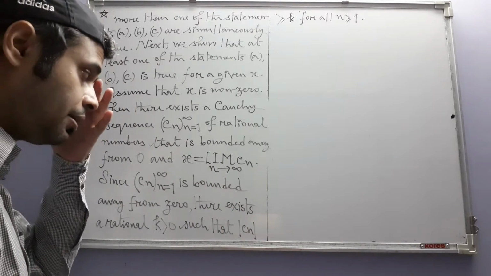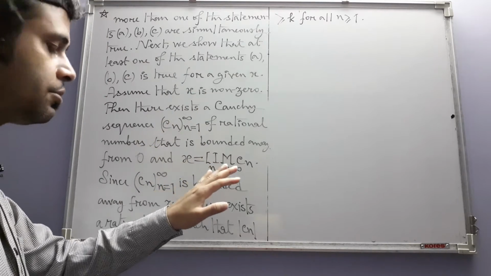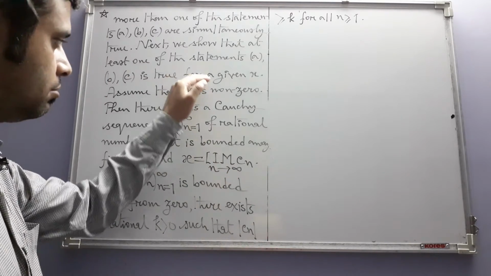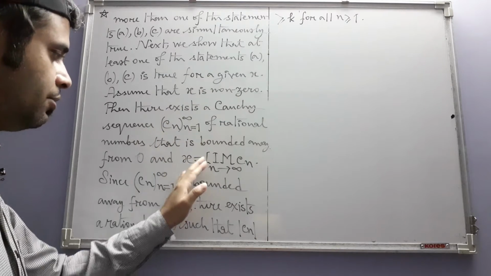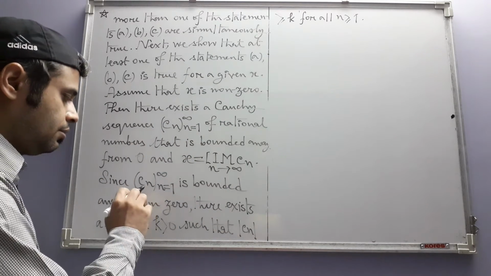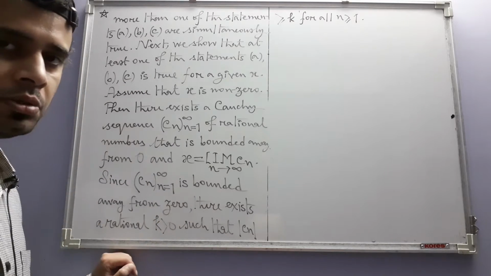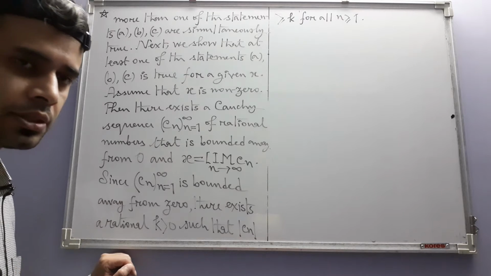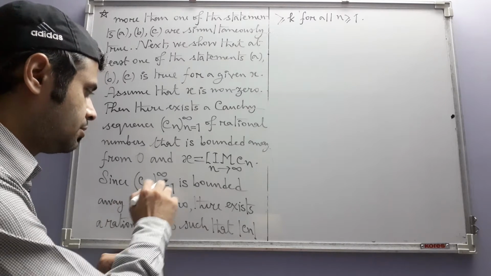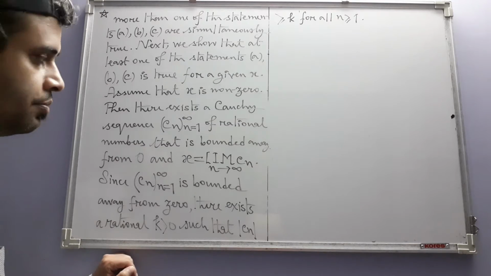We have shown that one of the conditions B and C is true, based on the assumption that x is non-zero, x is positive. And on the other hand, if this sequence Cn turns out to be negatively bounded away from 0, then also by definition x is negative. So in that case also we are done.